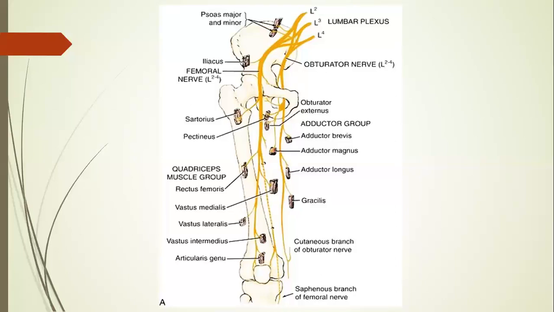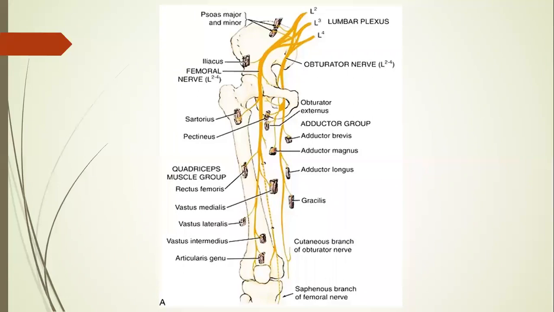And the extensor muscles in the case of the thigh lie on the anterior aspect and they are supplied by the posterior deviants. So when we think about the root values of the femoral and the obturator nerve, we always say that the root value of the femoral nerve is the posterior deviants of the second, third, and fourth lumbar spinal nerves.